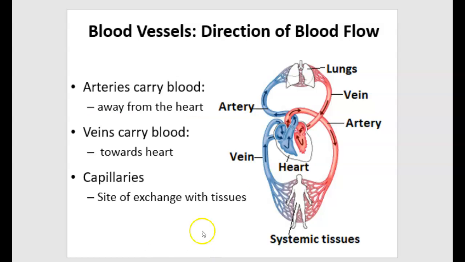Now, veins will eventually bring the blood back to the heart. That's the definition of a vein, any vessel that returns blood to the heart. And veins are formed as capillaries re-merge together. And so veins become bigger as they reach the heart.